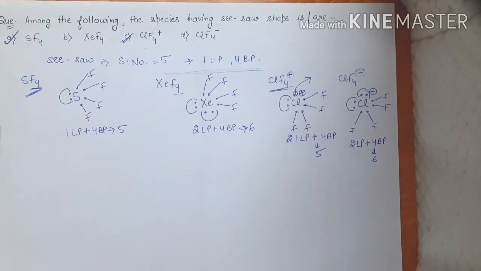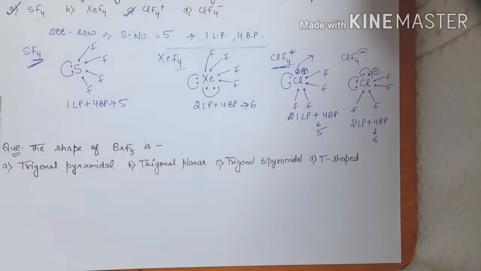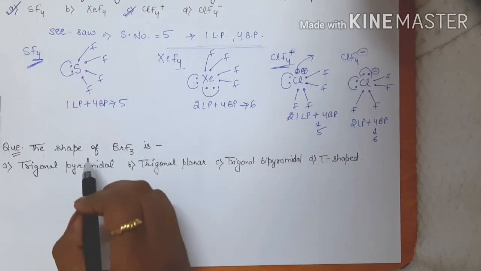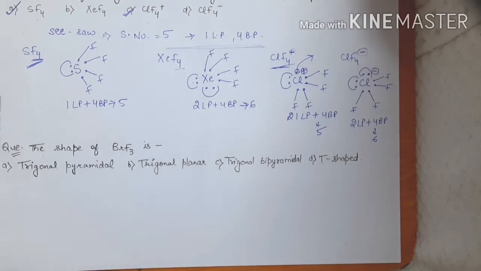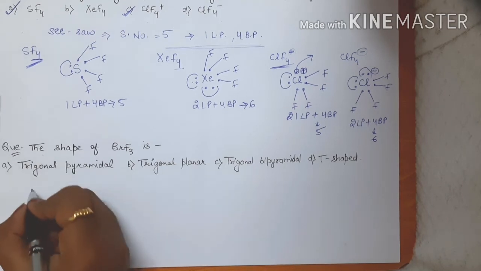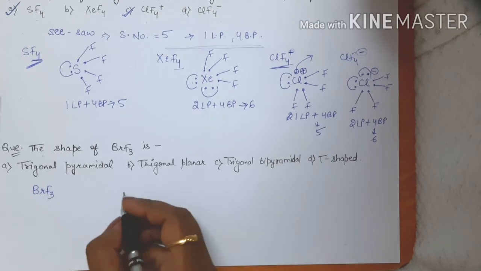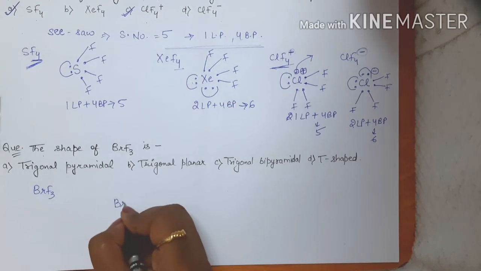So now we'll move on to the next question. The next question says that the shape of BrF3 is, so simply we have to find out the shape of BrF3 molecule. So here in case of BrF3, central atom will be bromine.